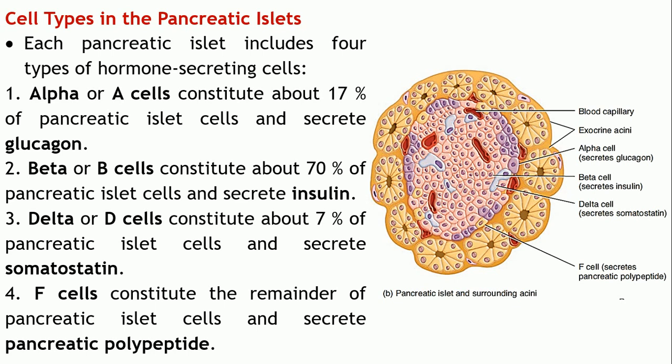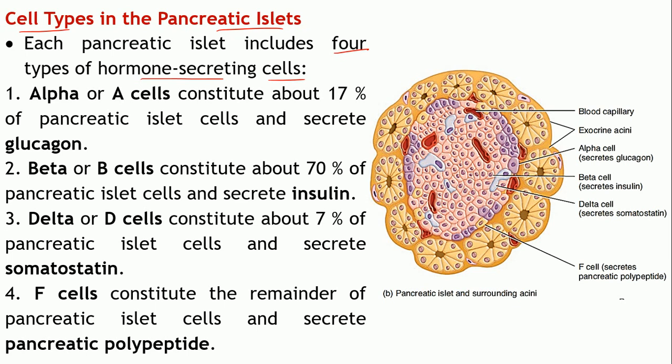So coming to the types of cells in the pancreatic islets or islets of Langerhans. It has around 4 types of hormone secreting cells. Okay, so a varying number of these different types of cells are present which produce different types of hormones.